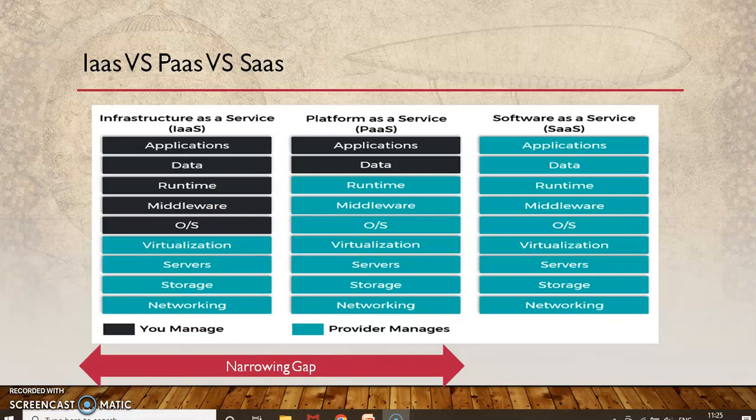What is happening is that most of the service providers are now providing a free tier, meaning some of the components, particularly on the infrastructure side, the low-end virtual machines with minimum configuration, are provided free.